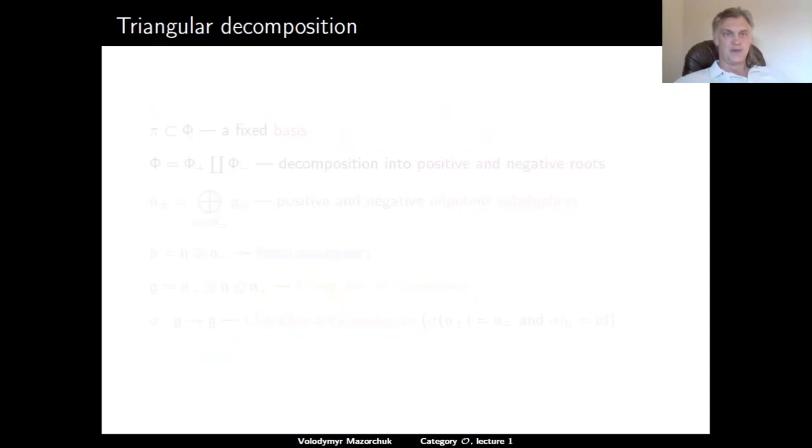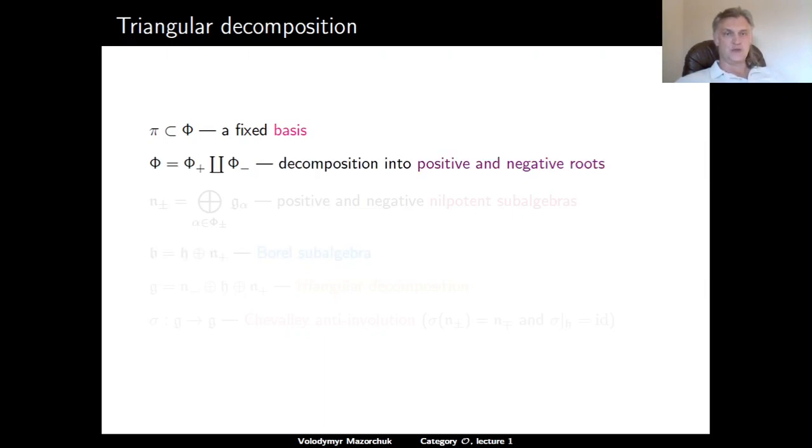Furthermore, if we fix a basis Pi in our root system Phi, then the root system decomposes into a disjoint union of positive and negative roots. The set of positive roots Phi plus is the set of all roots which have non-negative integral coefficients when written as linear combinations of elements in the basis.